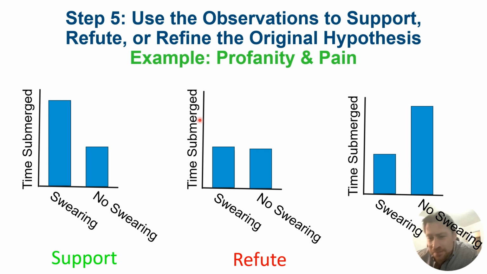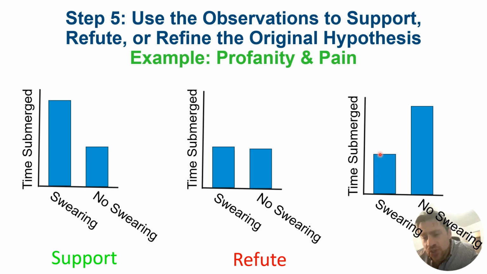And finally, let's consider the following possibility shown here on the right. Let's say you analyze the data, and what you find is that people in the no swearing condition actually kept their hands in the ice water longer than people who used profanity in the swearing condition. So this would imply that using profanity actually lowers your pain tolerance, not raises the pain tolerance.